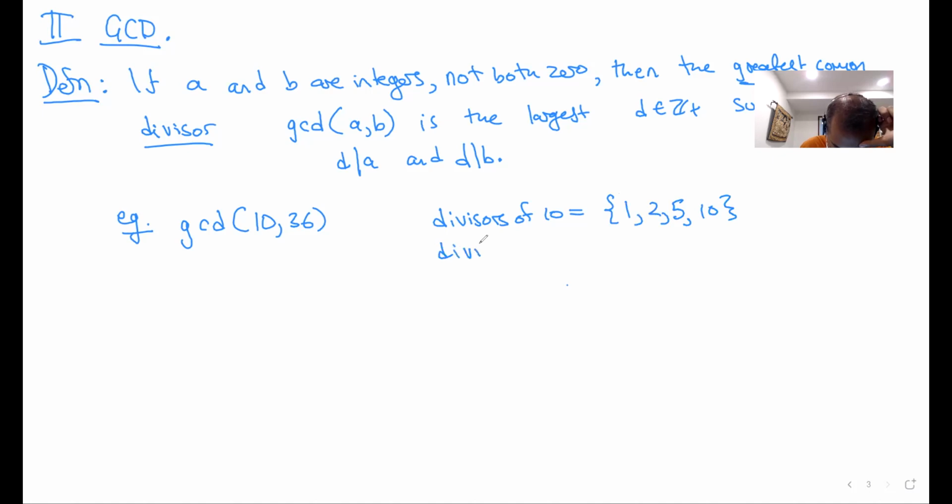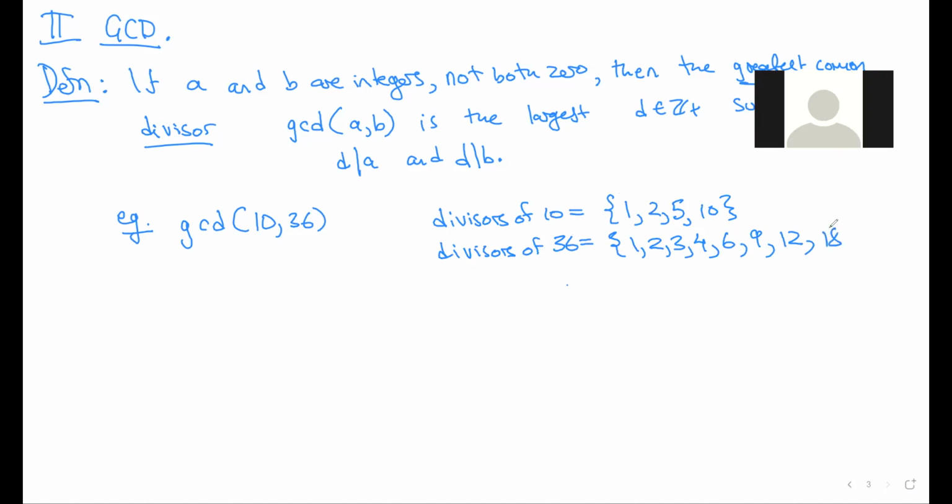Then you have the set of divisors of 36, which is the set 1, 2, 3, 4, 6, 9, 12, 18, and 36. Right? And now you say, okay, what's the largest number that's in both of these sets? Well, that's this. So this equals 2.